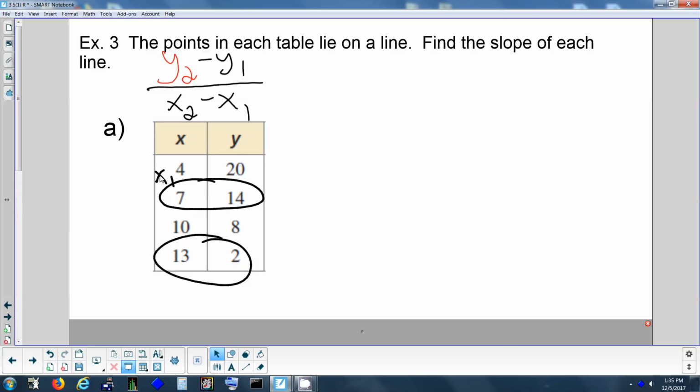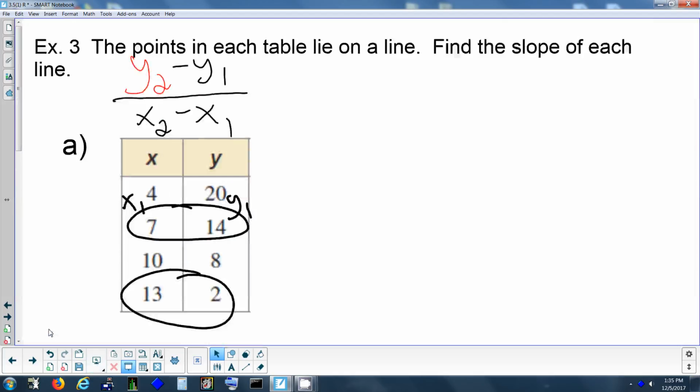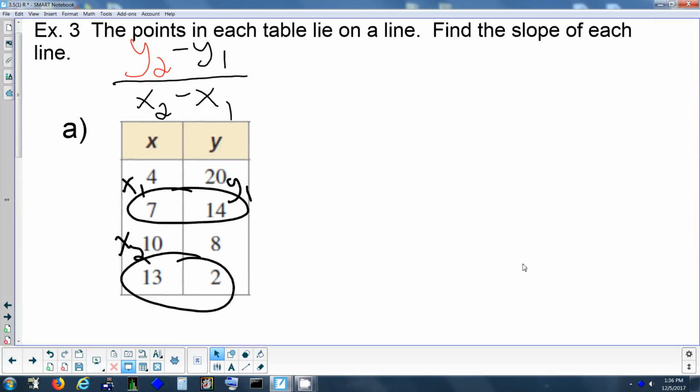So that means 14 is y1. This is my x1, so 13 is x2. And if 14 is y1, then 2 is y2. We've got them all labeled now.